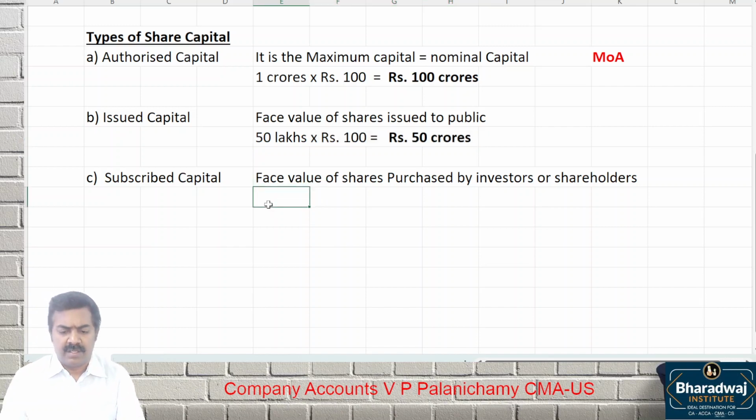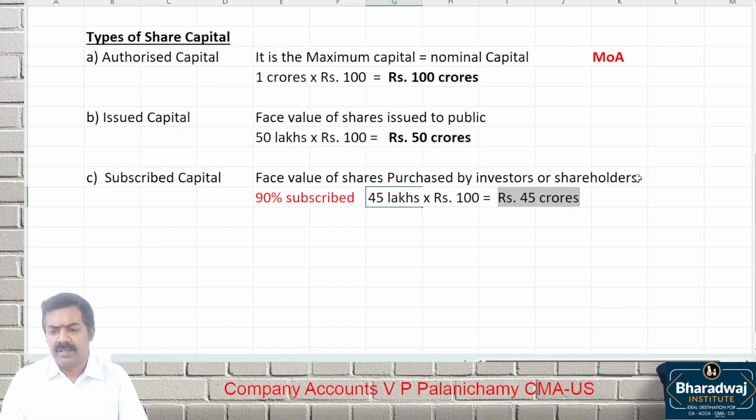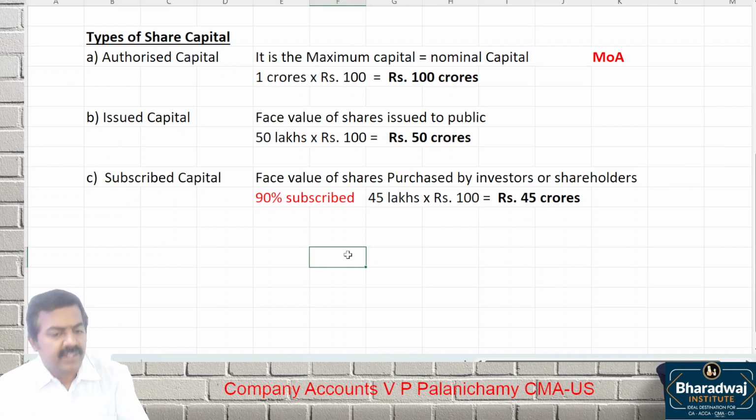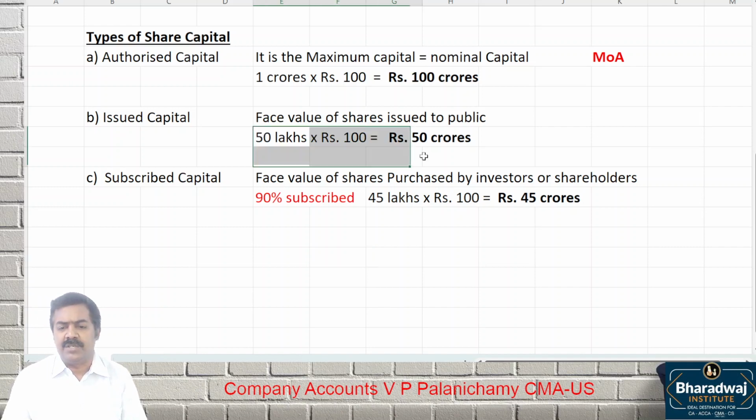Let's assume 90% subscribed. 90% subscribed is 45 lakh shares into rupees 100 each. How much? 45 crores. This is called which capital? Subscribed capital. Face value of shares subscribed by the public. This can be equal to issued capital, not more than issued capital.